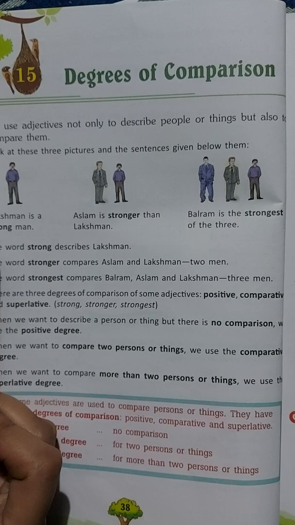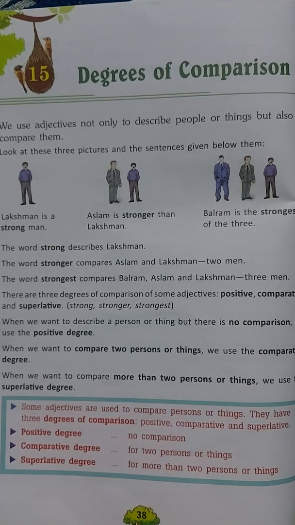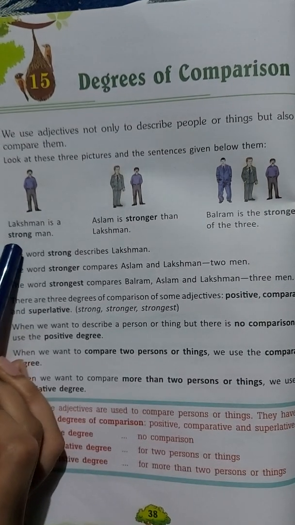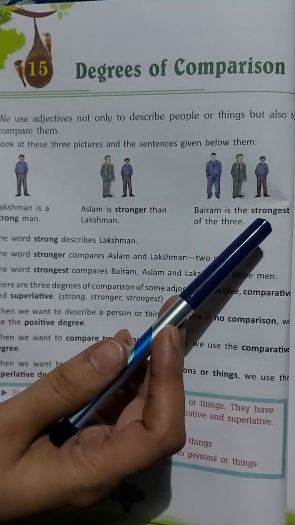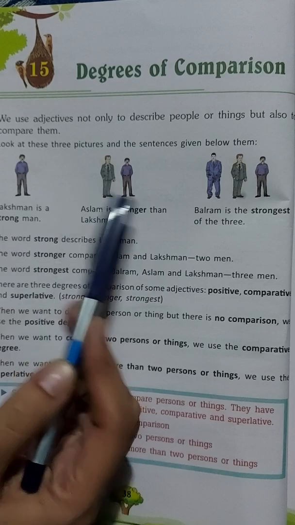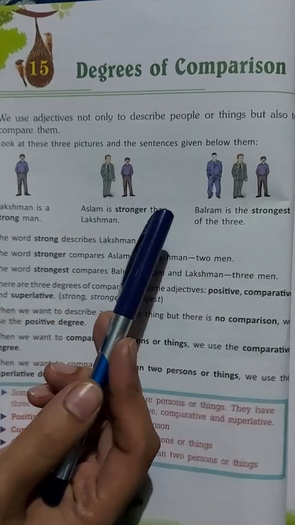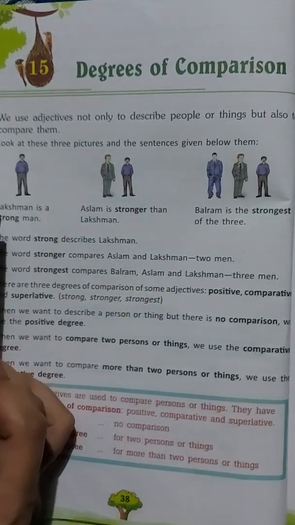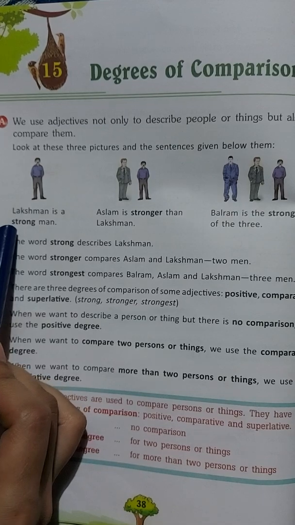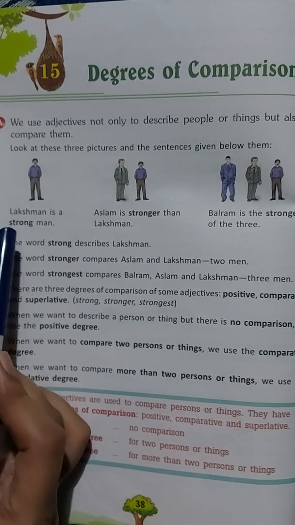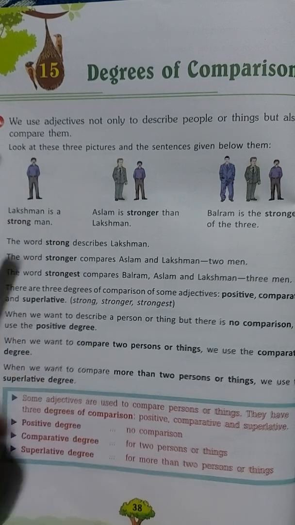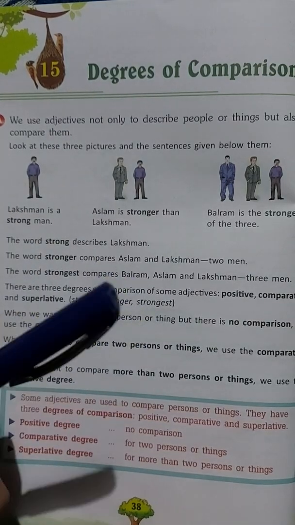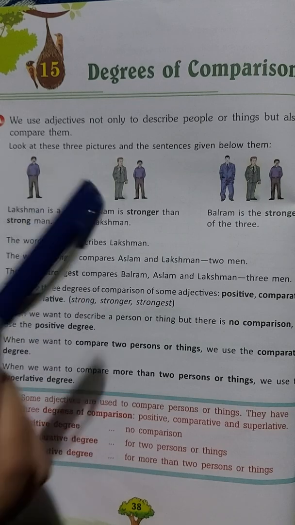And as you can see here, have a look at it once again. Strong, stronger, and strongest. As I told you, these are the different forms of the adjective strong. Strong is used to show no comparison when there is just one person.